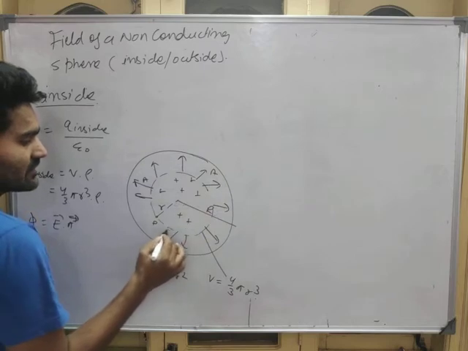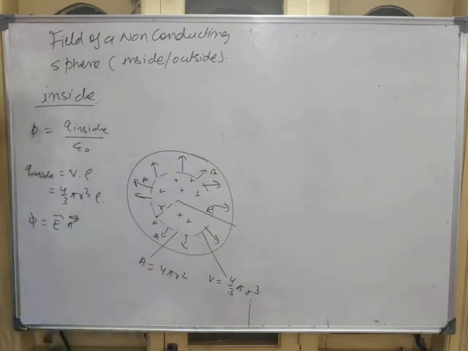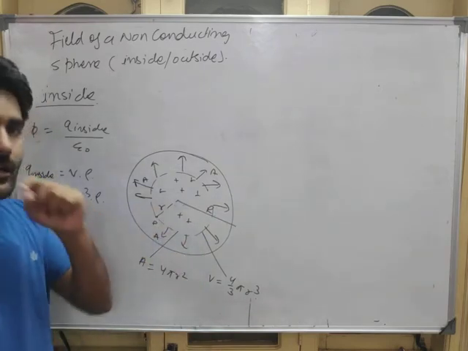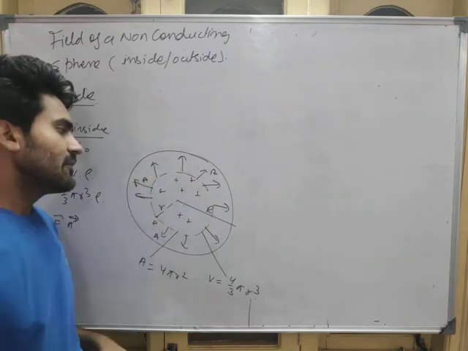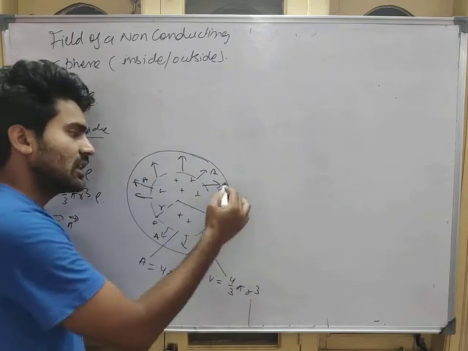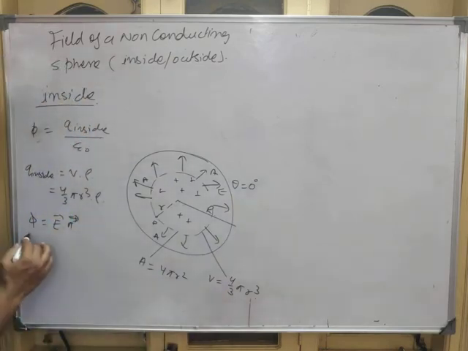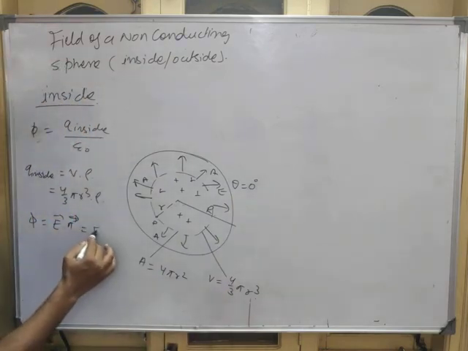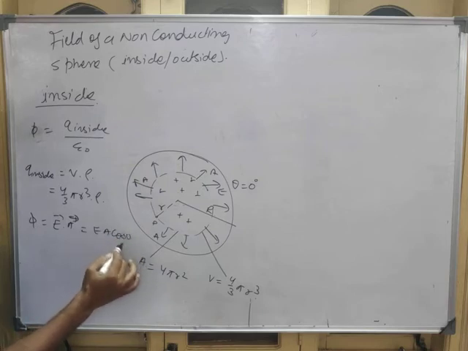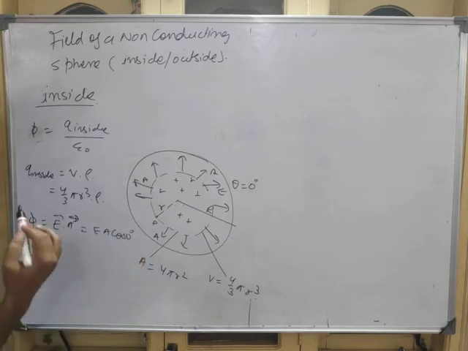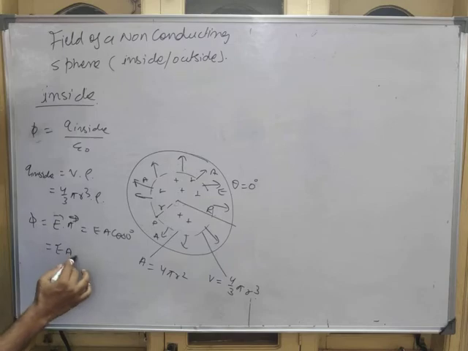So obviously the area and the field are in the same direction, so theta will be 0 degrees. So phi equals EA cos 0 degrees, and cos 0 degree is 1. So EA, right?